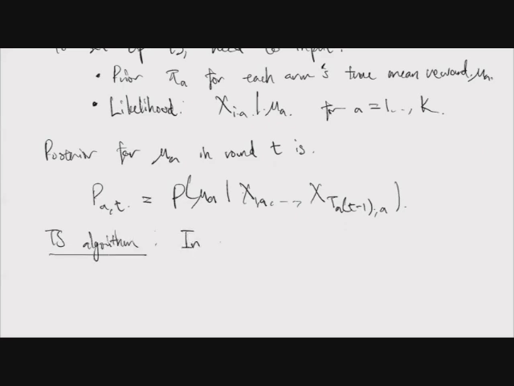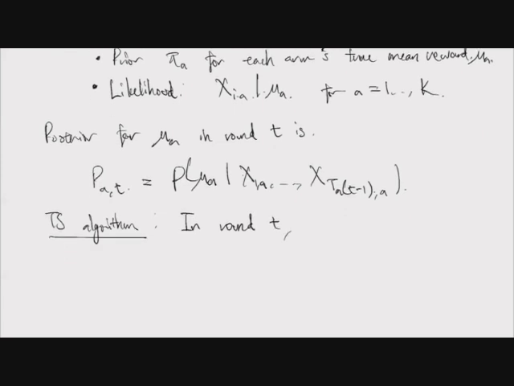So in round T, we're going to select an arm as follows. There are going to be 2 steps. First, we need to draw a posterior sample, which we're going to denote mu sub AT, from each of the arms.